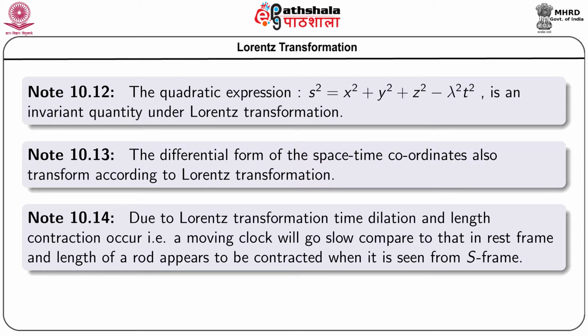So, these two things occur due to the Lorentz transformation, and they are a very unique feature of the special theory of relativity, the time dilation and the length contraction.